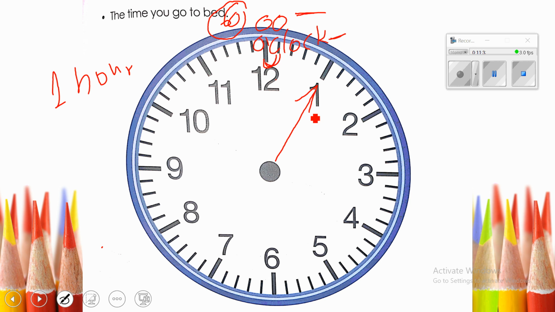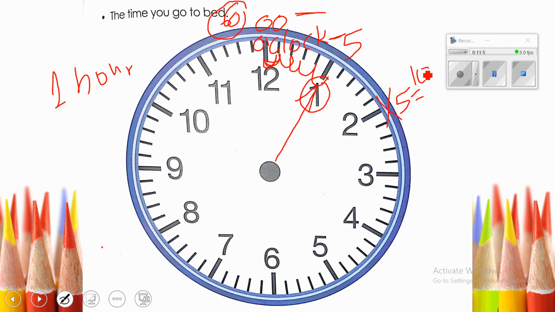Let's count. 1, 2, 3, 4, 5. So number 1 is 5 minutes. Number 2, 5? No. It's what? Perfect. It's multiplying 2 by 5. 2 by 5 equals 10 minutes.